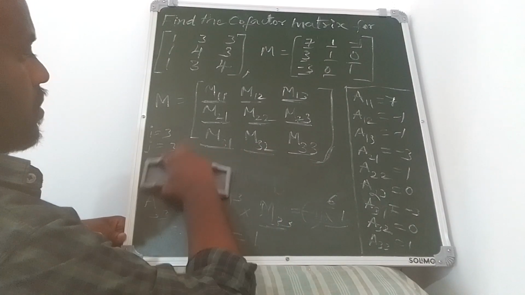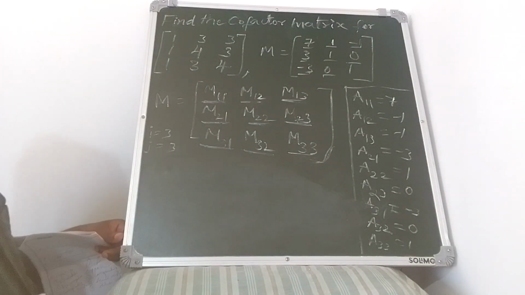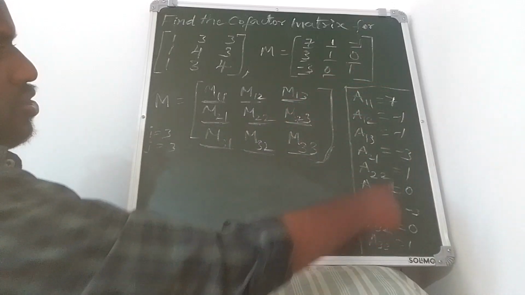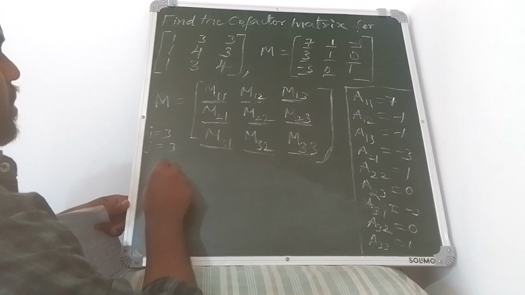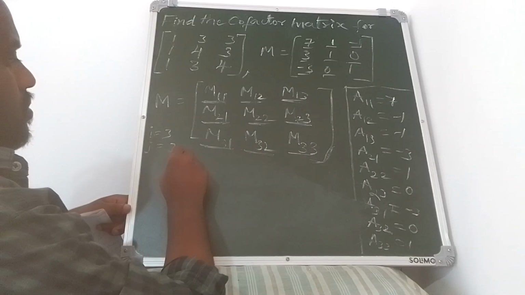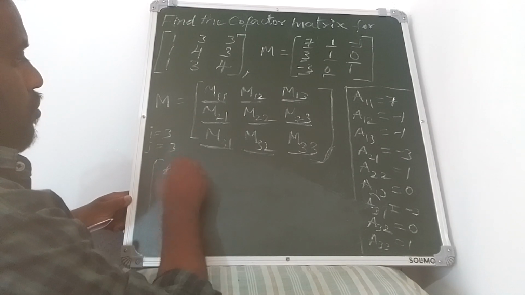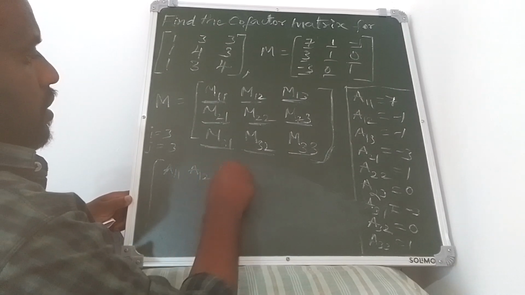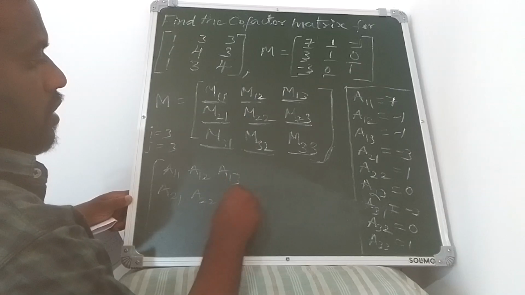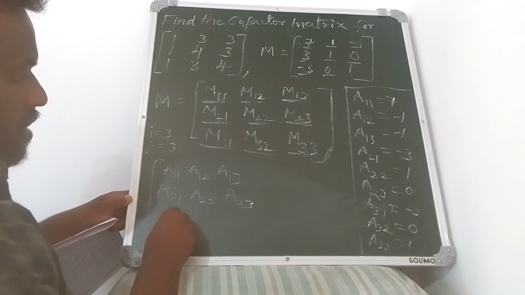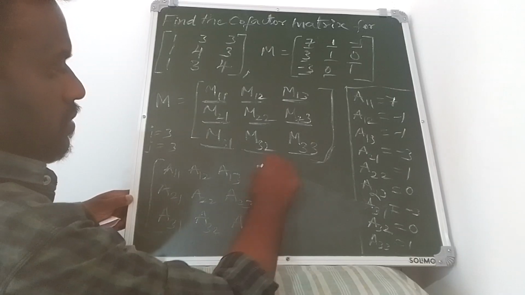Now cofactors for all the elements are done. I have listed them here. Now the cofactor matrix. The general form of the cofactor matrix is this: a11, a12, a13, a21, a22, a23, a31, a32, a33.